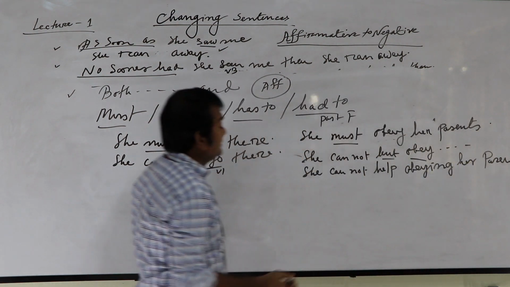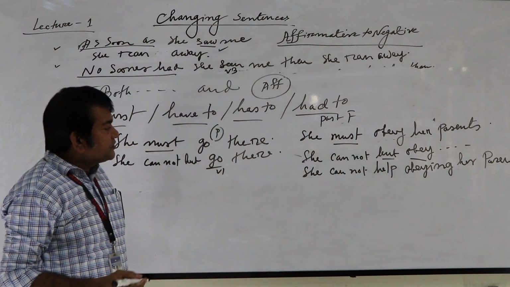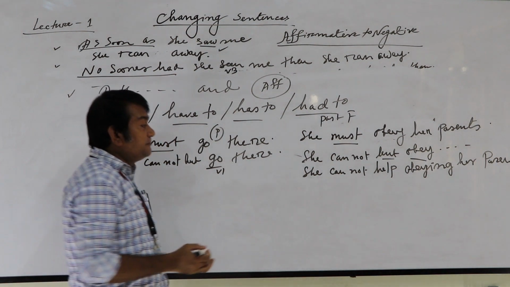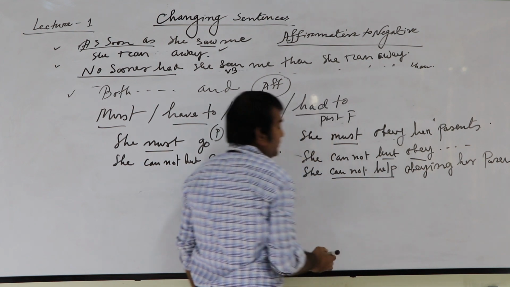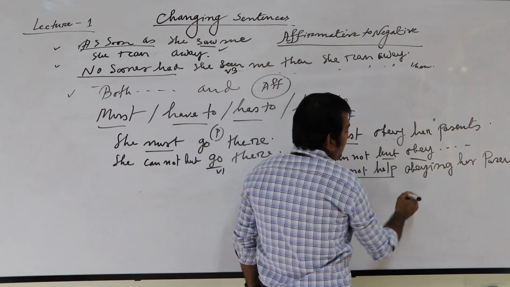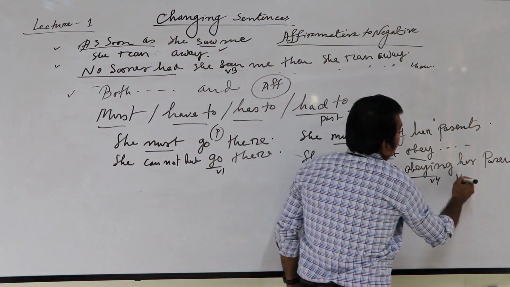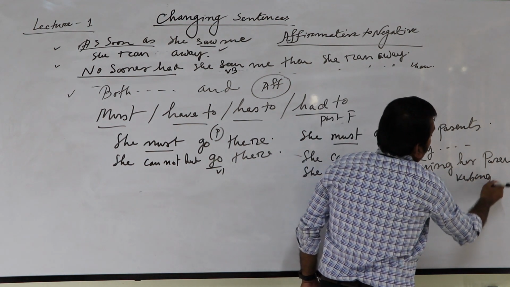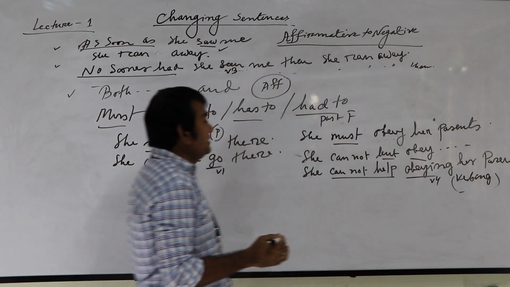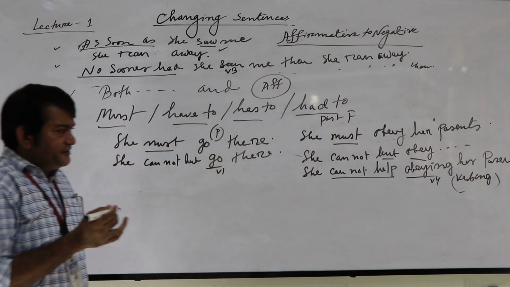So, in the second sentence, we use cannot help. For cannot help, the verb obey in the present form becomes verb plus ing, V4, which we often call verbing.